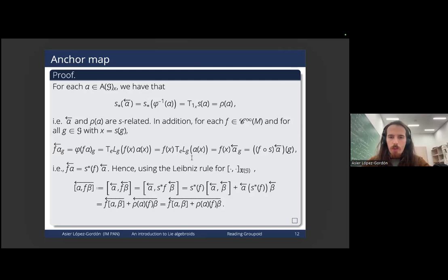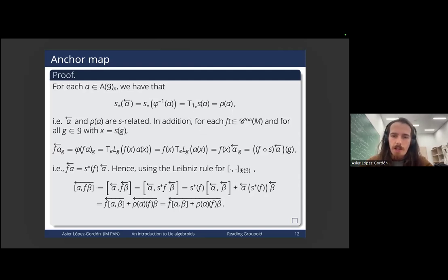First, we know that the anchor map applied to a section alpha can be re-expressed as the push forward by the source of the corresponding left invariant vector field. And also that the left invariant vector field and the vector field given by applying the anchor to the corresponding section are S-related.